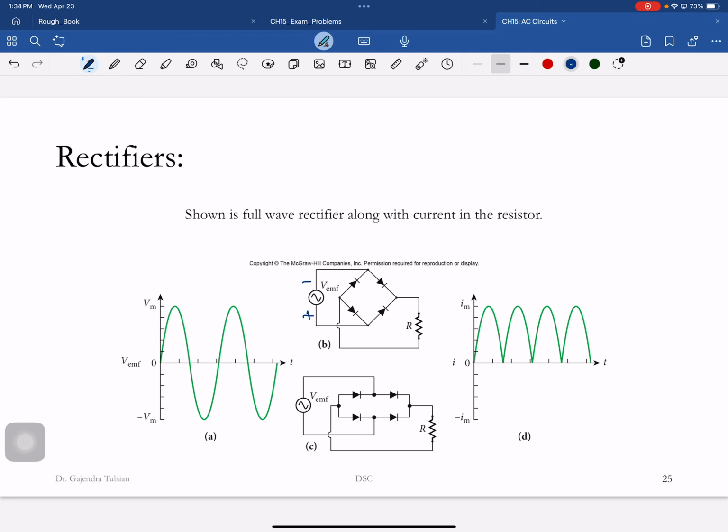When this end is positive, current will go through here. Now with 4 diodes, you feed a signal like this, and what you see out here is this output. So you picked up all $100.